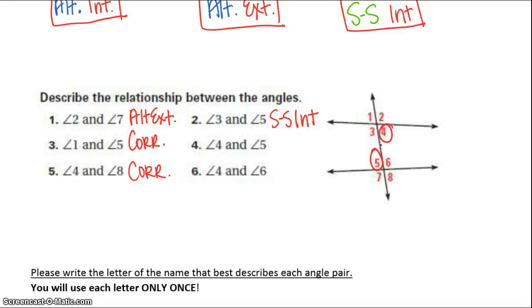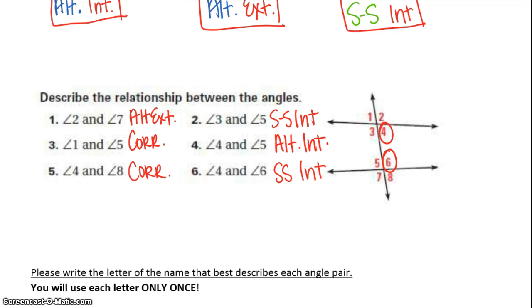They're alternating. Are they both inside or are they both outside? They're inside, so they're alternate interior angles. Now let's talk about 4 and 6. Same side or alternating? They're on the same side. Are they both inside or are they both outside? They're both inside, so same side interior.